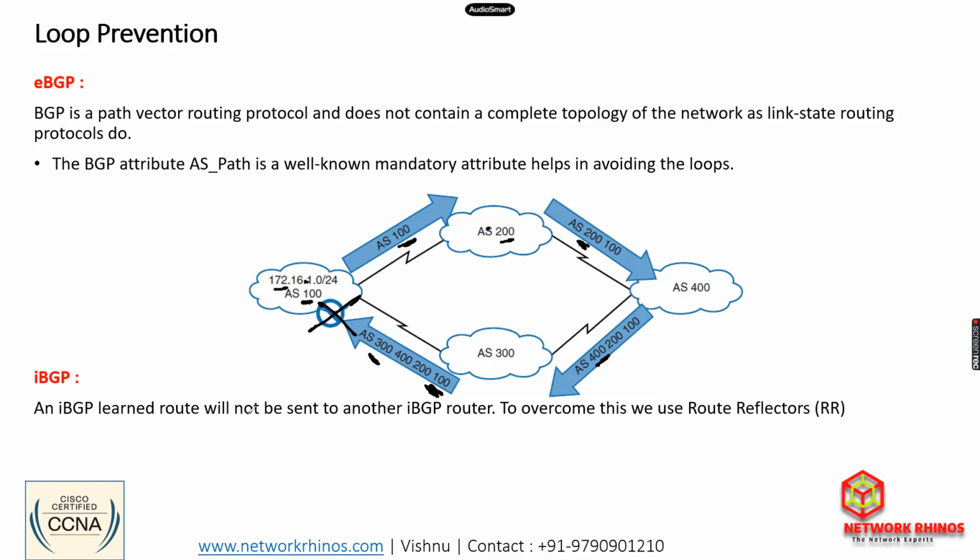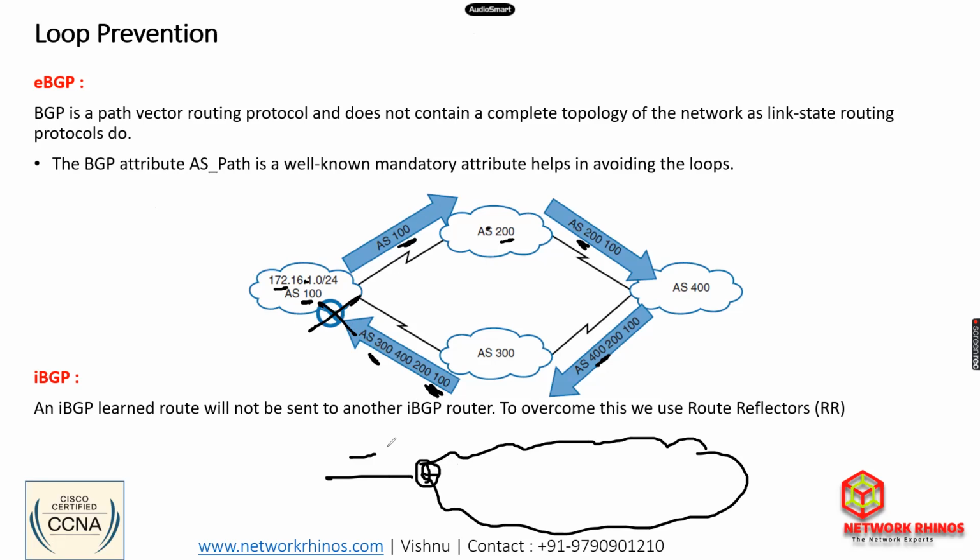it says an iBGP learned route will not be sent to another iBGP router. It's very simple. If you have a big cloud, the iBGP loop prevention mechanism says, I'm having an R1 router learning a prefix from somewhere in the internet or somewhere outside my AS, and I have a lot of routers like this.